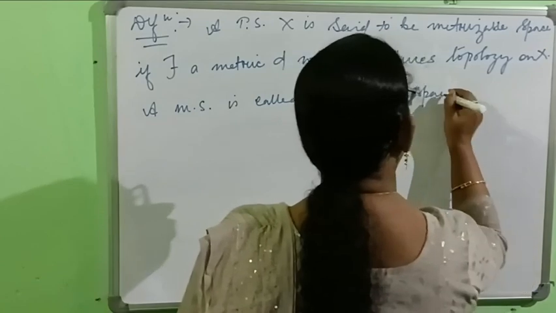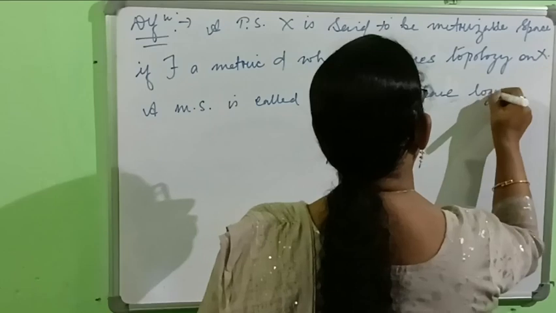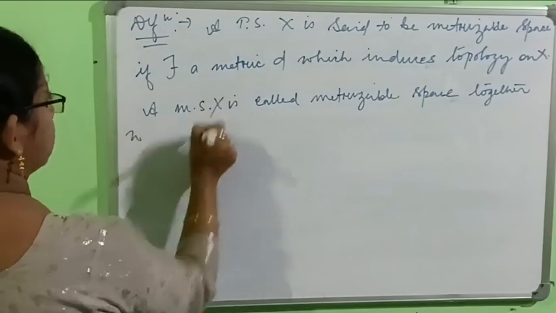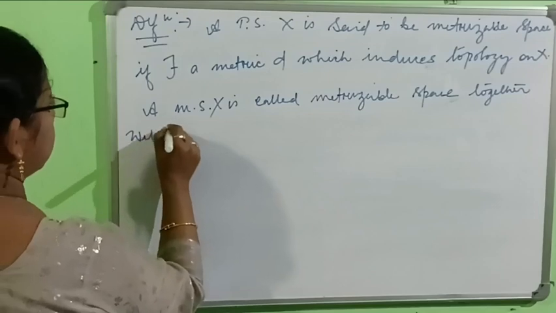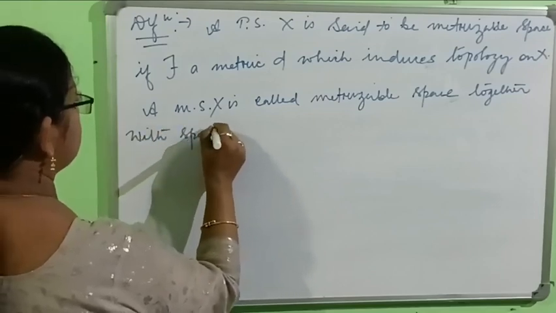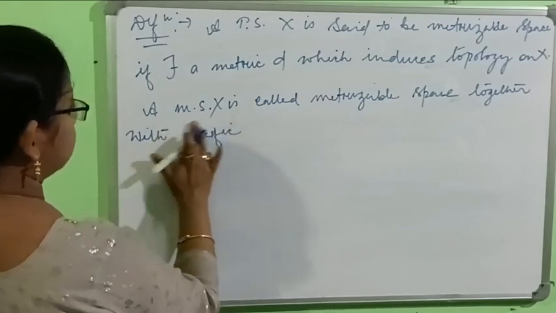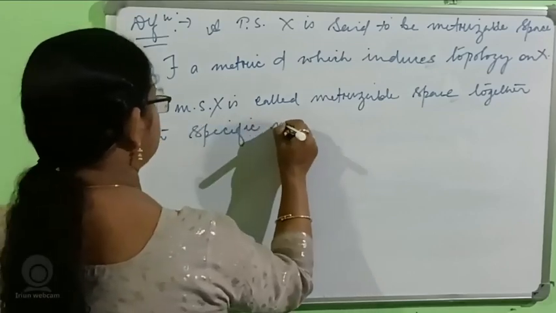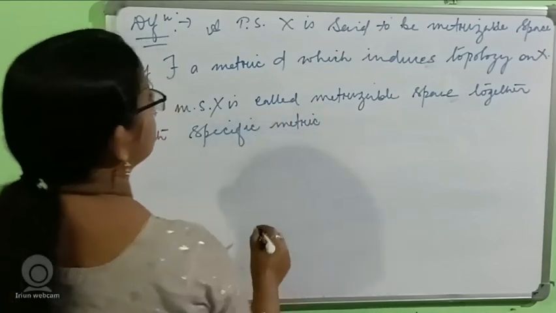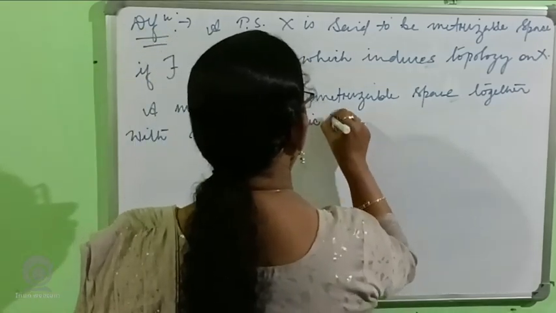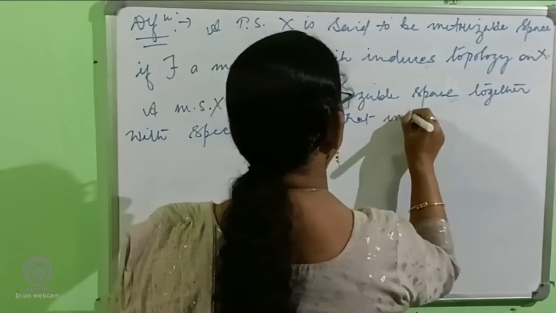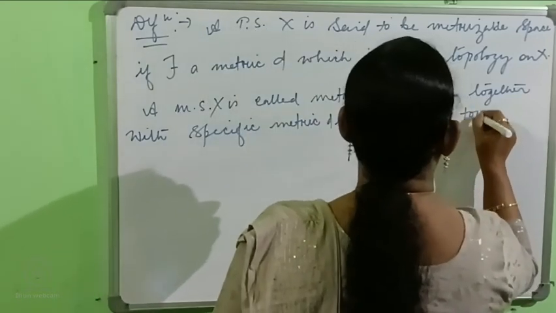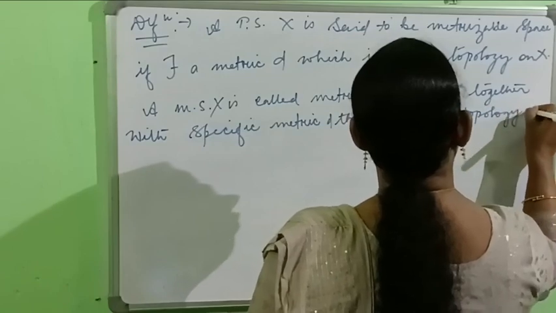A metrizable space together with a specific metric d that induces the topology on X is also a metric space.